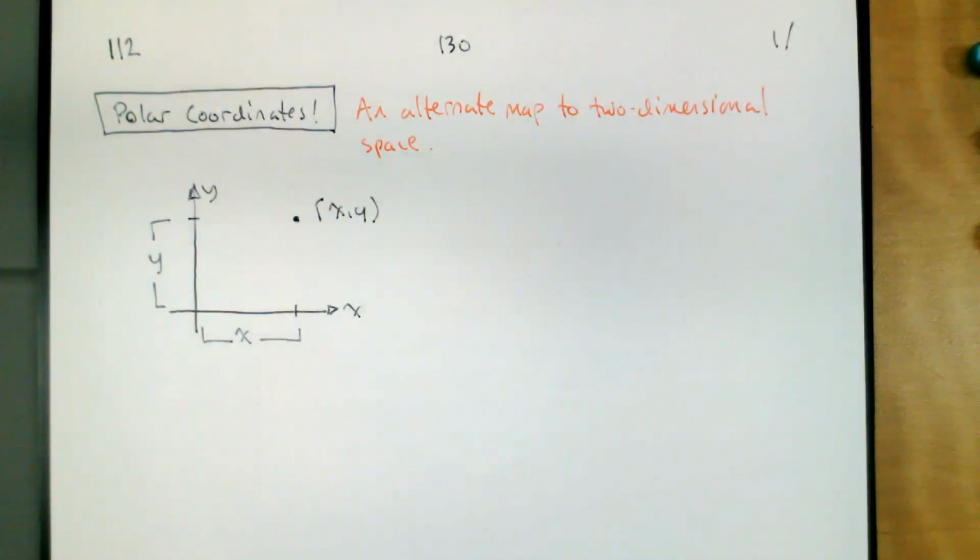Hey, we want to talk about polar coordinates. We're going to think of polar coordinates as an alternate map to two-dimensional space, an alternate way of identifying all the points in two-dimensional space.